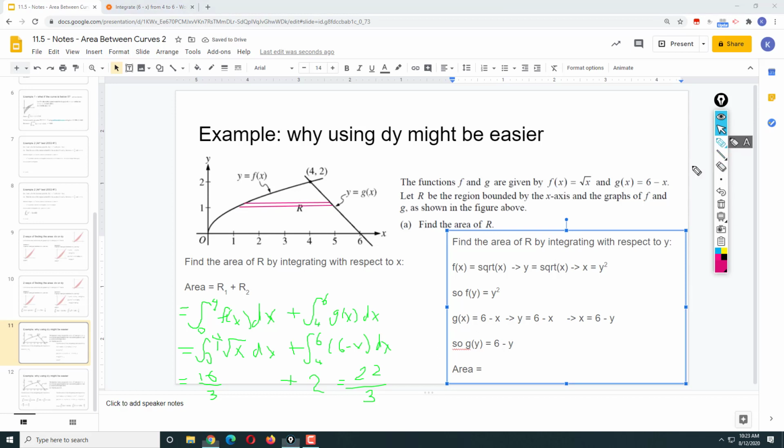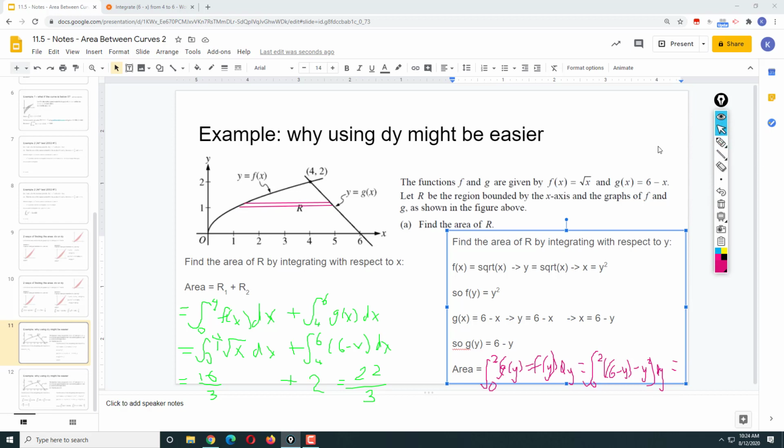So our area has to equal the integral from 0 to 2, because y goes from 0 to 2 as seen from our graph, of g of y minus f of y dy, which is equal to the integral from 0 to 2 of 6 minus y minus y squared dy.